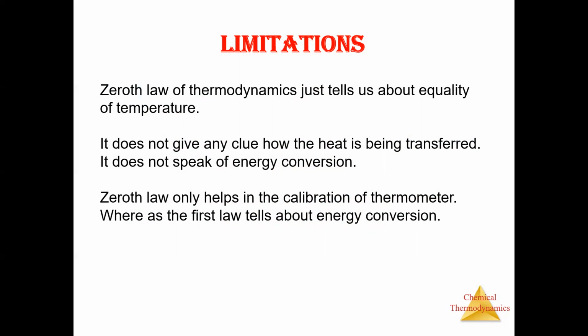So this is the way the heat is being transferred. Hence, the zeroth law only talks about the equality of temperature, but it does not give any clue how heat is being transferred. It does not say anything about energy conversion. It only helps in the calibration of thermometers, whereas the first law tells about energy conversion.